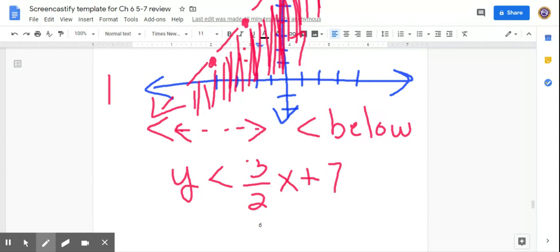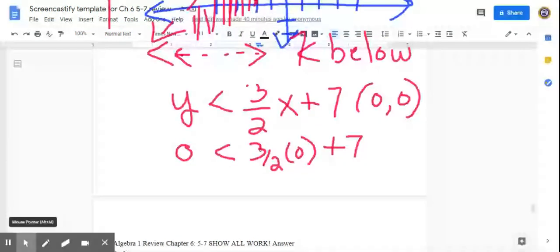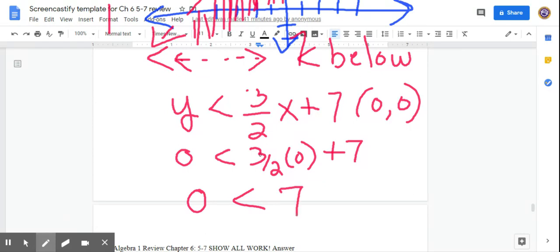If I plug in 0, 0, I'm going to get 0 is less than 3/2 times 0 plus 7. What does that give me? 0 is less than, what's 0 plus 7? 7. Is 0 less than 7? Yes. That means that the point 0, 0 should be shaded.